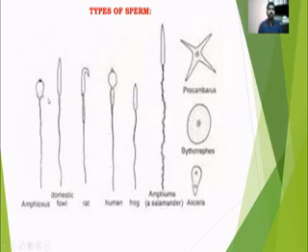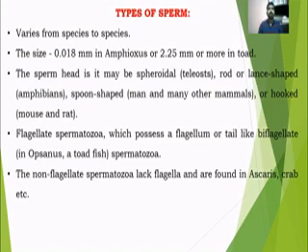So we can find a number of structures inside these animal sperms, and also the flagella. Some sperms have a single flagellum, some have two, and multi-flagellated sperms we can also observe in the animal body. So let us see these types of sperms.